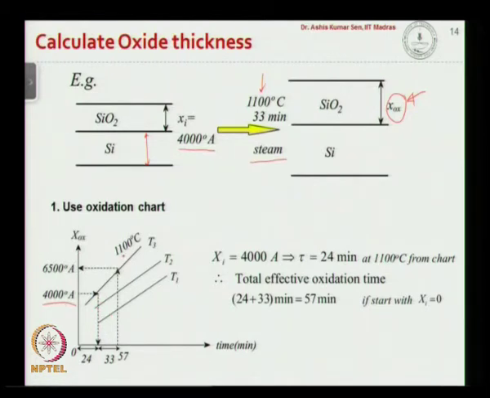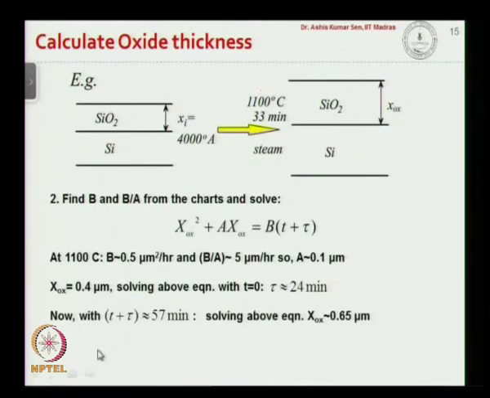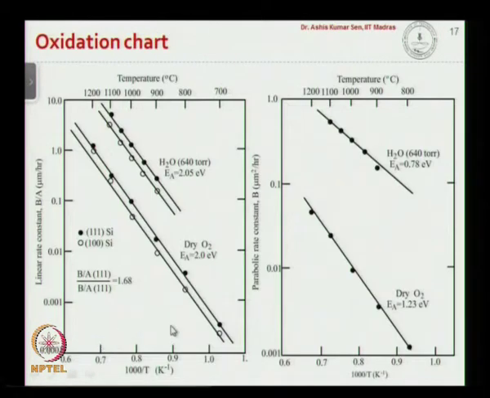So the temperature is 1100 degrees centigrade, thickness is 4000 angstrom, so on the x axis the time is going to be 24 minutes. A similar thing you can observe in the chart.